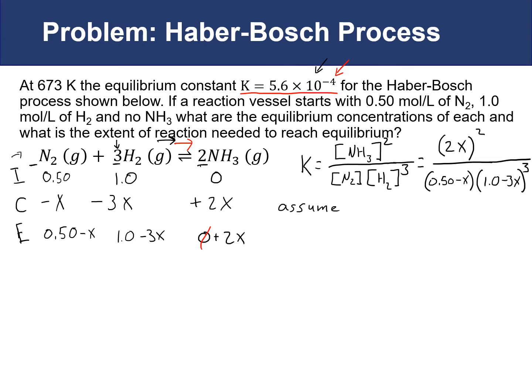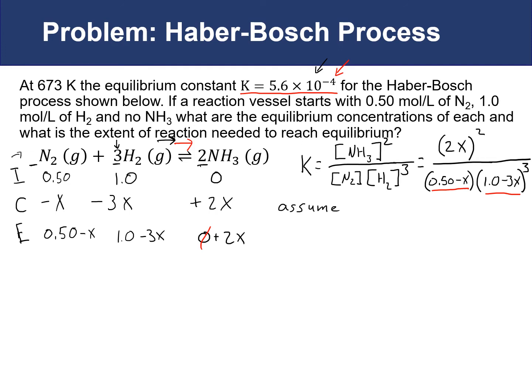The assumption rule essentially says that our x values are insignificant compared to the values that they're next to. Because our equilibrium constant is so small, the reaction will not proceed very far to the right. For our concentration of ammonia, 0 plus 2x, whatever the 2x is, it's significant compared to 0.